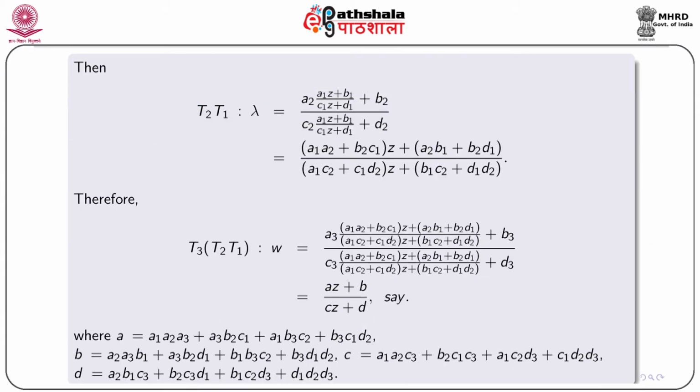Then we find the composition T2 T1, which is obviously lambda equal to [(A1 A2 plus B2 C1) z plus A2 B1 plus B2 D1] by [(A1 C2 plus C1 D2) z plus B1 C2 plus D1 D2], and therefore, we obtain T3 of T2 T1 is equal to w equal to (Az plus B) by (Cz plus D), where A, B, C and D are given by this.